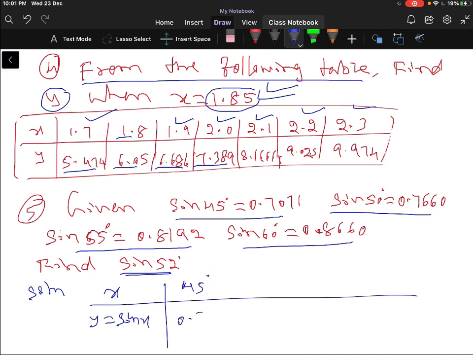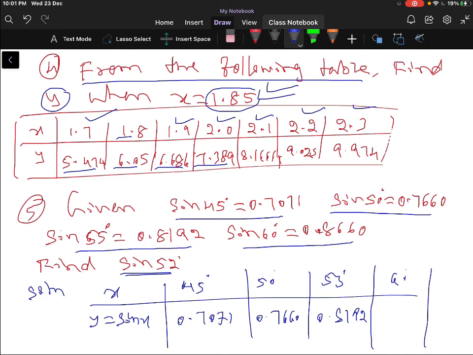When x is 45 degrees, y is 0.7071. When x is 50 degrees, sin 50 degrees is 0.7660. When x is 55 degrees, sin 55 degrees is 0.8192. When x is 60 degrees, y is 0.8660.